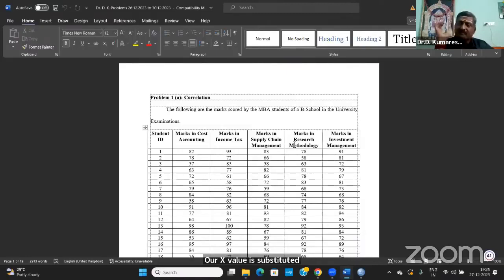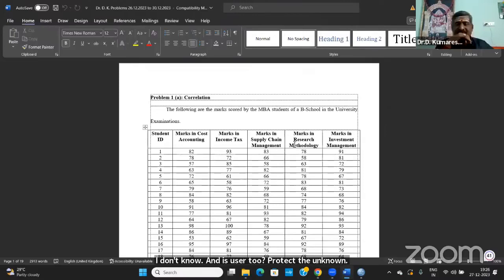Then A is the constant. It is added with the product of B and the X value. I told you, no, regression is used to predict the unknown value.